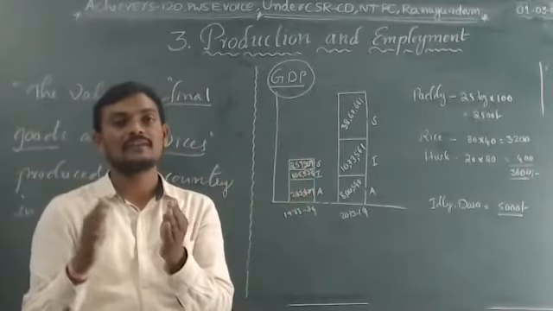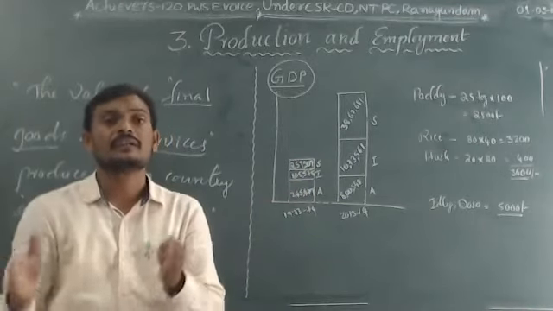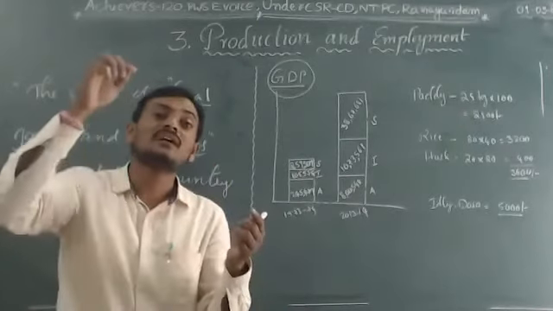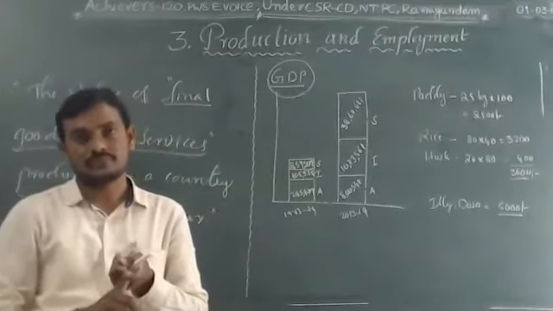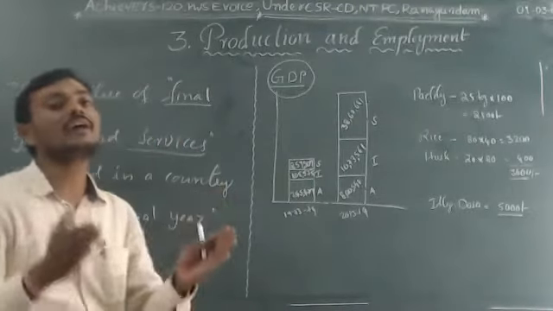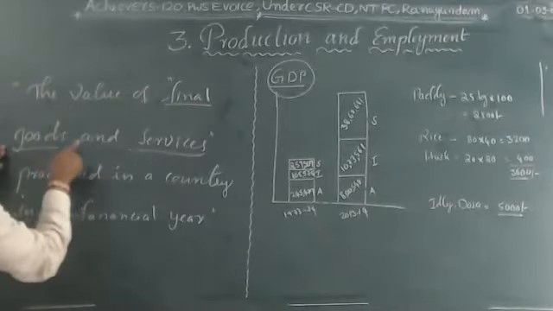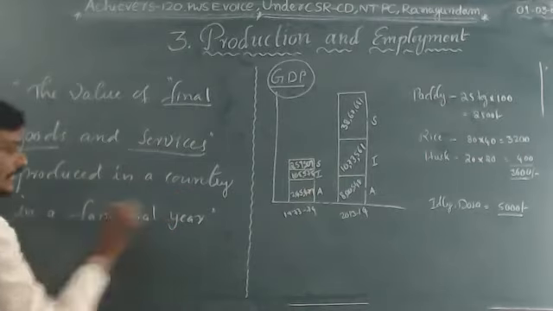If it is 100, it will come to 200. So this is not the real GDP. The real GDP is estimated by taking the final value of goods and services. That is why we define GDP as the value of final goods and services produced in a country in a financial year.